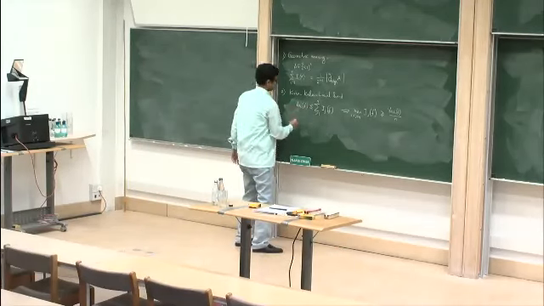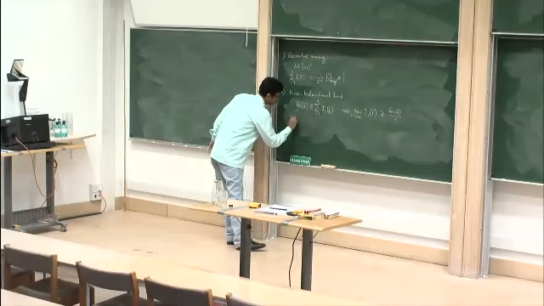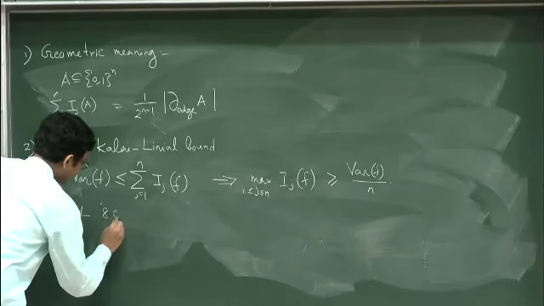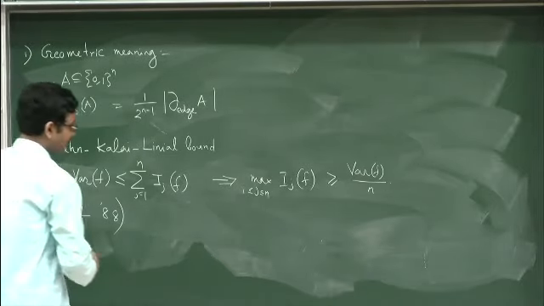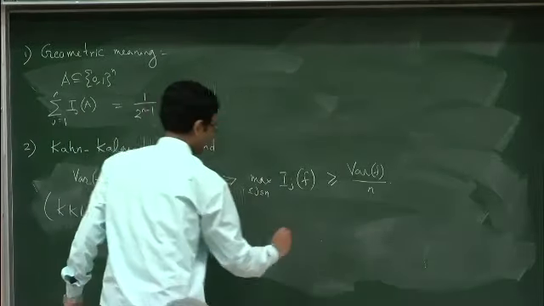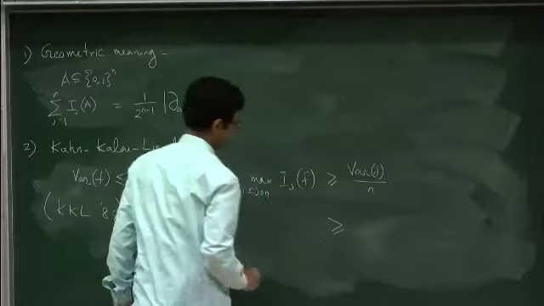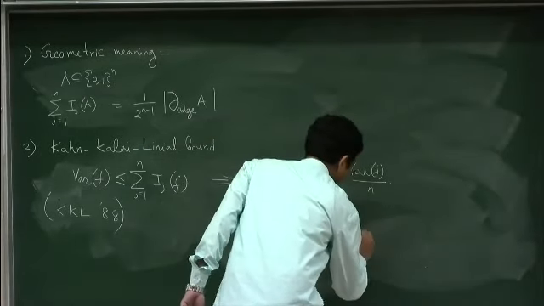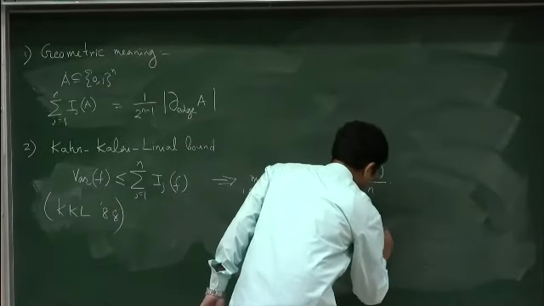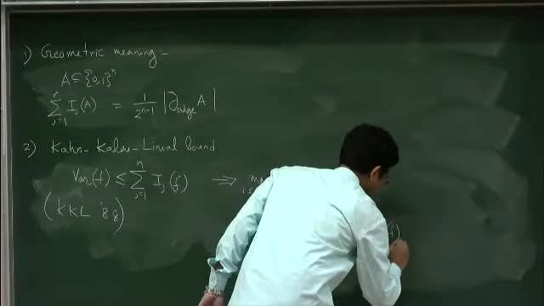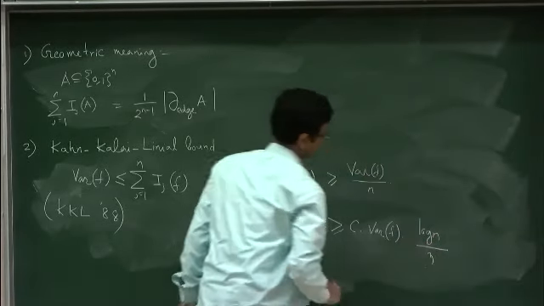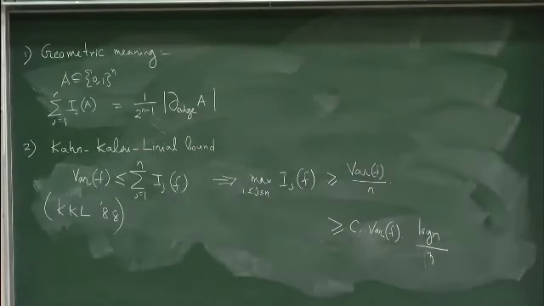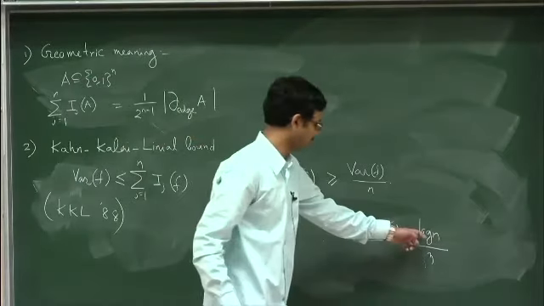But what KKL proved in a breakthrough paper in 1988 is that this maximum influence is actually greater than or equal to some universal constant times variance of f times log n over n. So this log n is very important. Instead of 1 over n, we get log n over n.